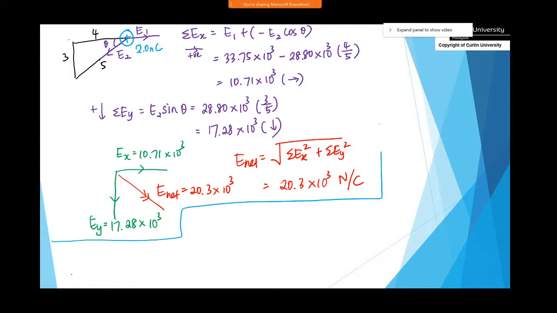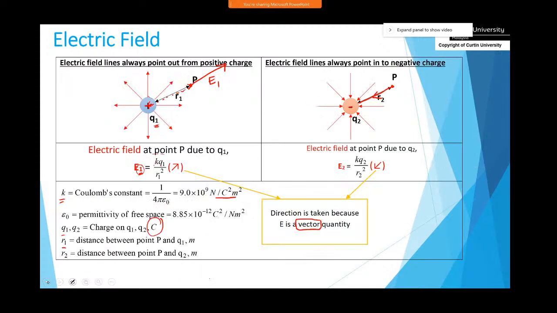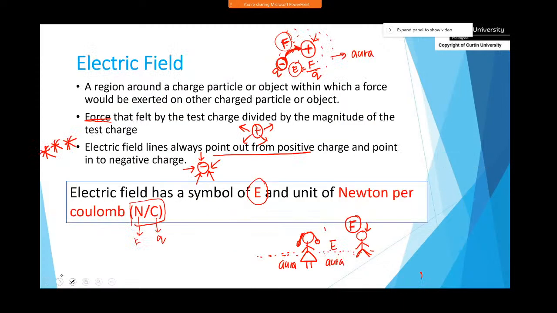So you can use the long method just now to find your electric force, or there is another shortcut. If you still remember one of the definitions just now, electric field is equals to force over charge. So we can say that force is also equals to charge times electric field.